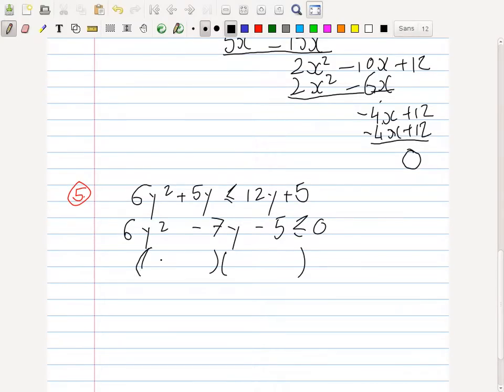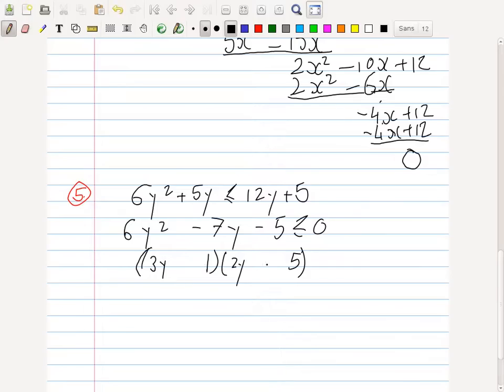Let's see, 3, 6 and 1, 5 and 2 is 10. 3y here, 2y here. 2 and 5 is 10. It has to be a 5 and a 1 for sure.